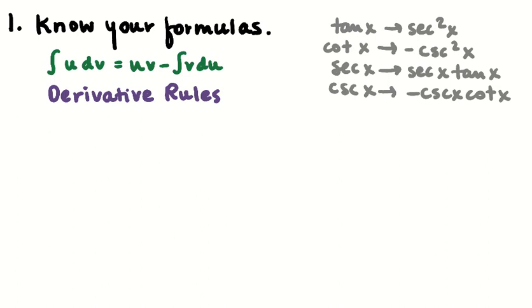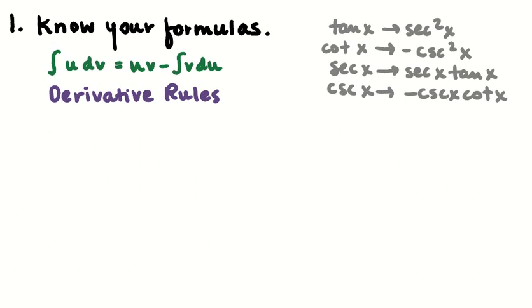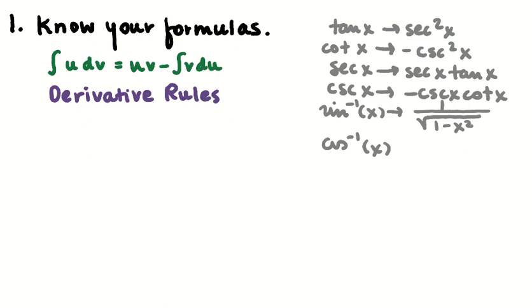Okay. What else do we need to know? We need to know our arc-trig derivatives. Okay, I need to know the derivative of arc sine. Okay, that's the positive one. Arc cosine is the same as arc sine, just negative.